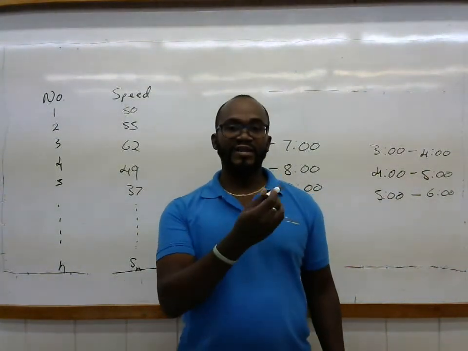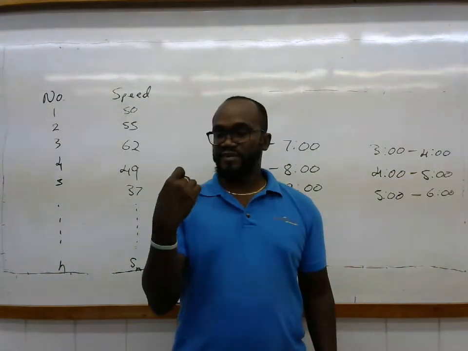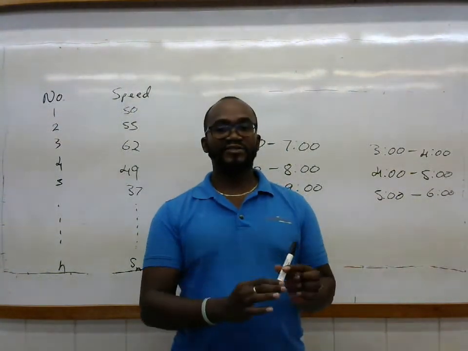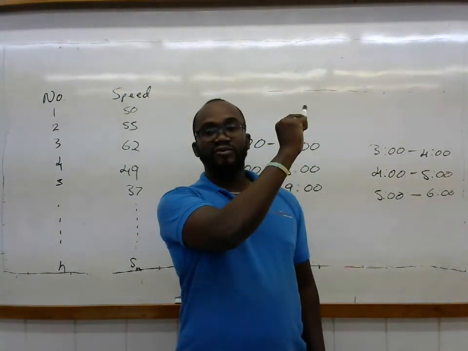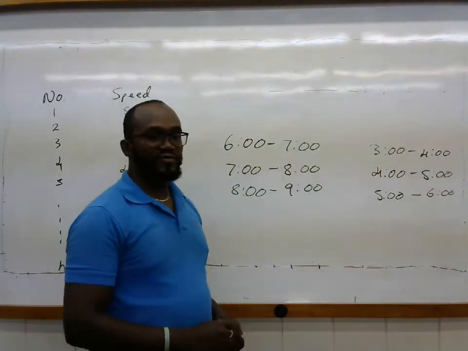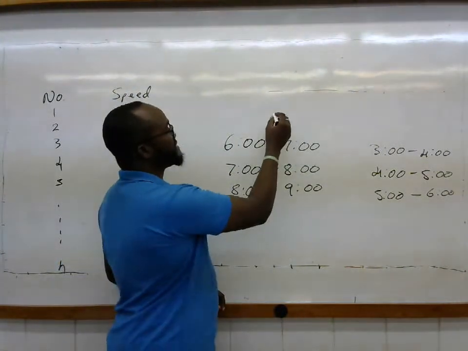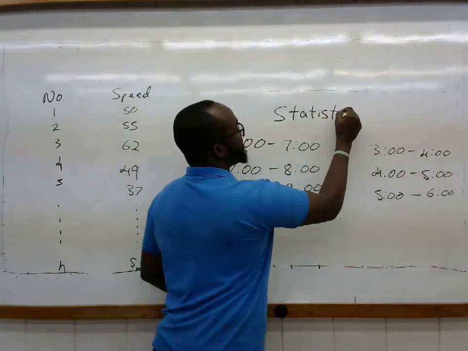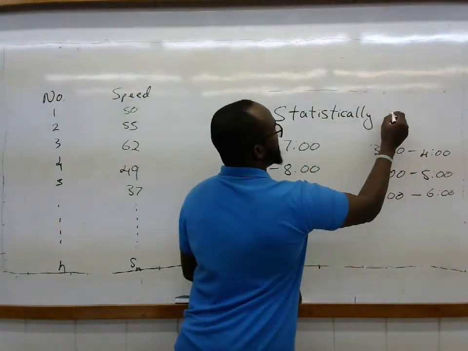So really and truly, even though this pen is placed at different points on my body, it's still touching my body. If I were to ask you if it's touching my body now, then you would say no. Likewise, in the scientific world, we always refer to the term statistically significant.